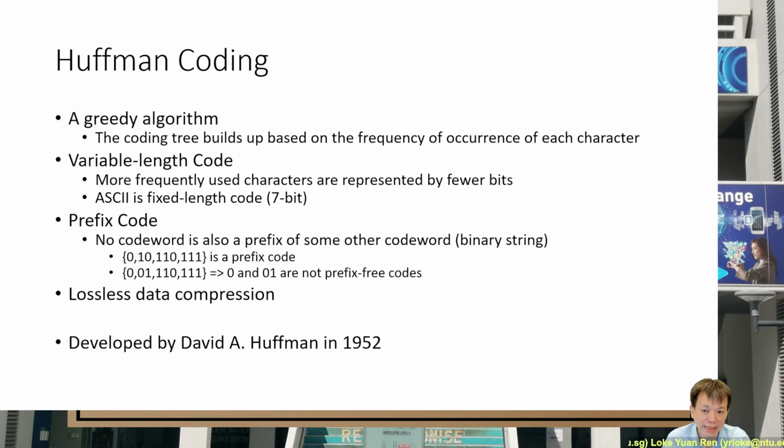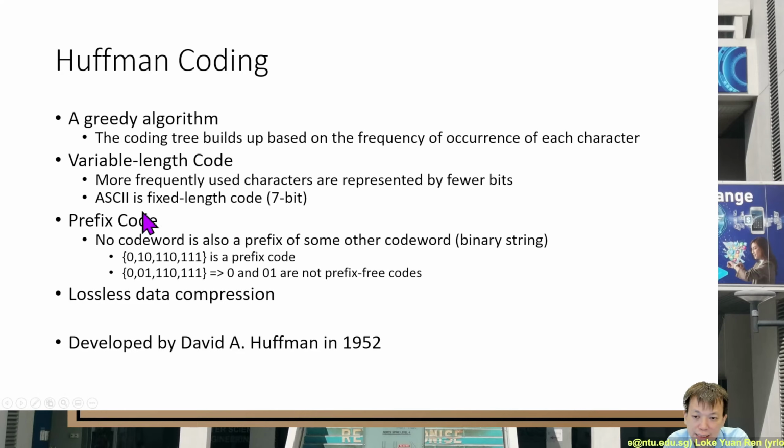In that case, I will show you later, overall the total number of bits to represent the data will be less. So you can save more storage space. This can also be considered a kind of data compression, and lossless. That means I won't lose any accuracy. It can still recover the exact data.